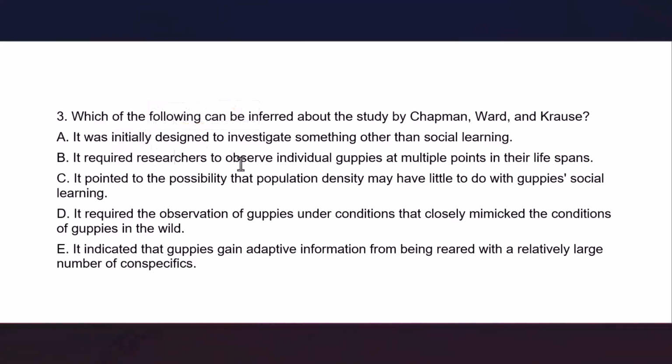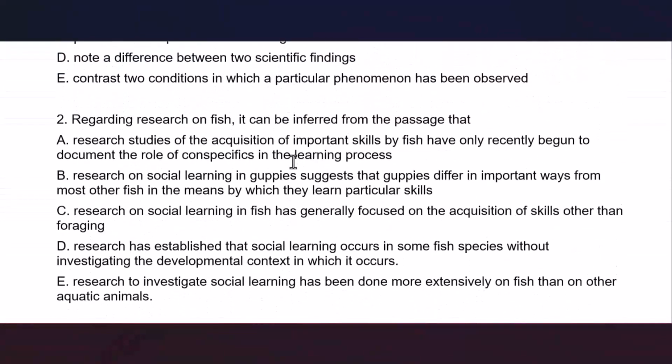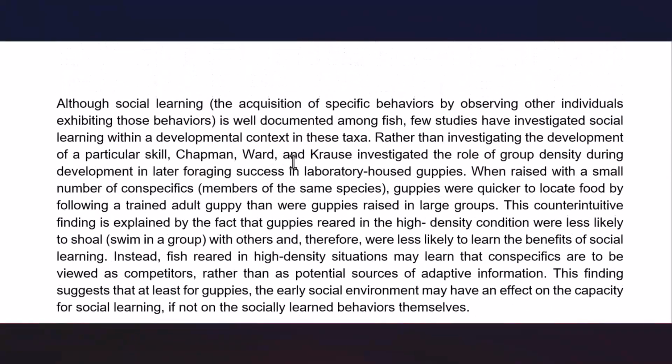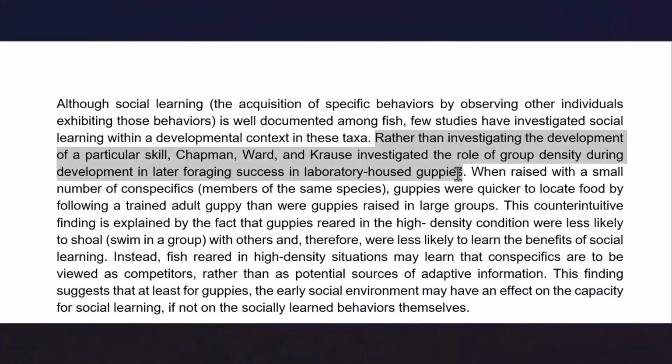But let me go back to the passage and check this option from the sentences. In sentence 2, we read that rather than investigating the development of a particular skill, Chapman, Ward, and Krauss investigated the role of group density during development in later foraging success in laboratory-housed guppies.